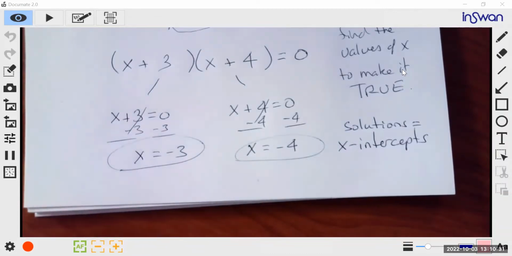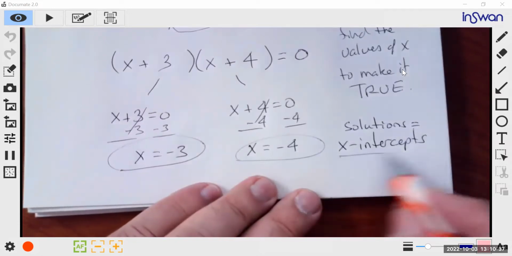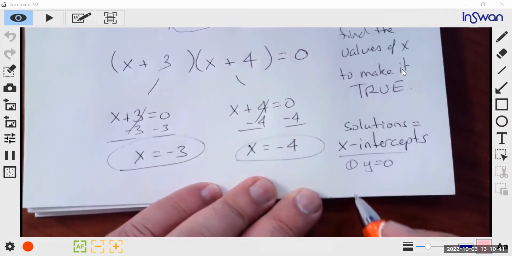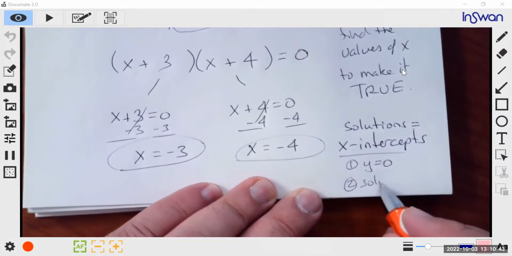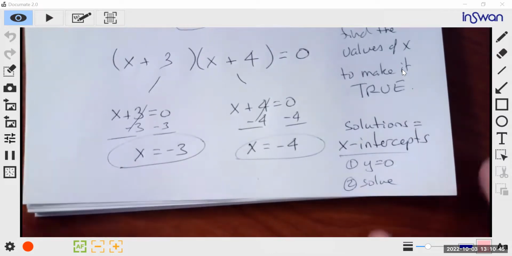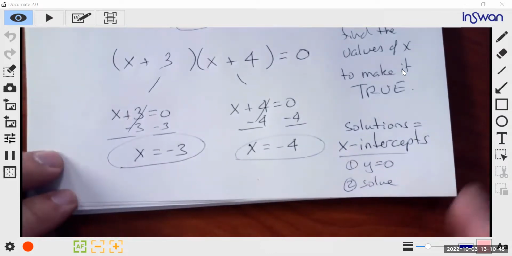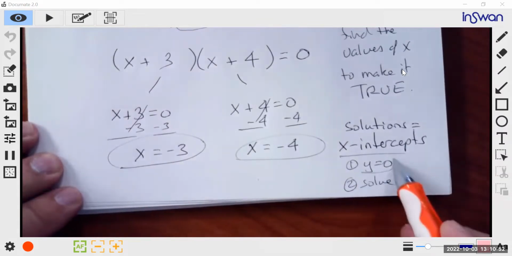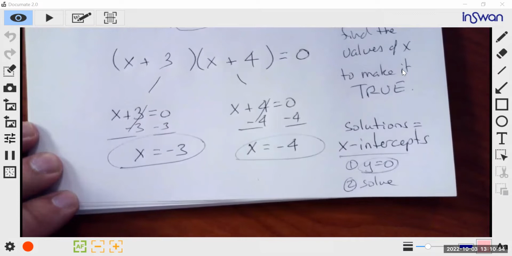Remember in chapter 1 how you find the x-intercepts? Set y equal to 0 and then solve for x. Set y equal to 0. Notice, what does this mean? Set the equation equal to 0.